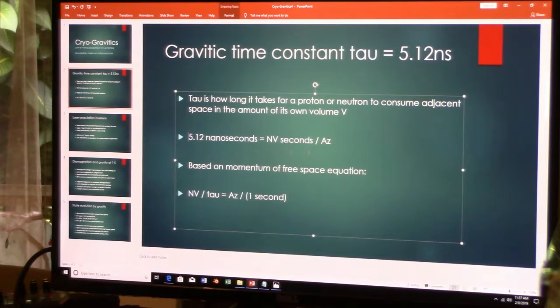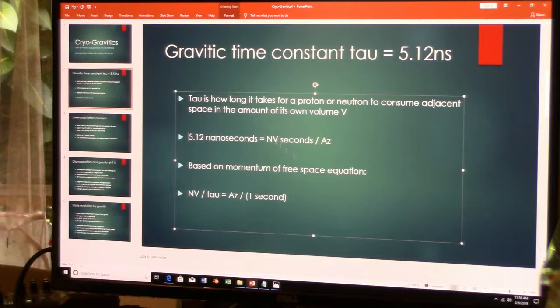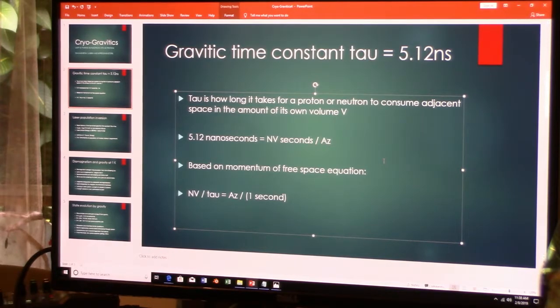It's NV seconds divided by AZ, where N is the number of protons and neutrons in the star. No, I mean, V is the volume of a proton. A is the surface area of the planet, like Earth, 200 million square miles for area. And Z is the distance fallen in 1 second, 4.9 meters.